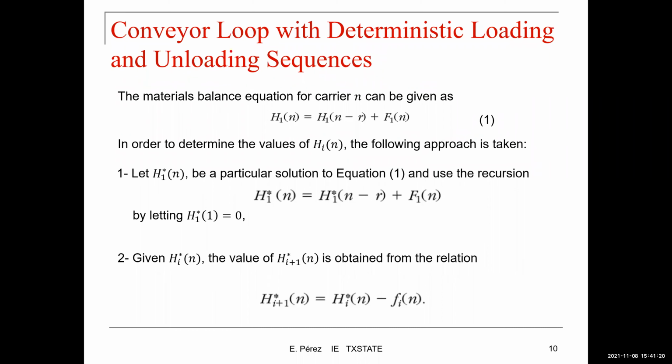And then in order to determine the values of this equation, the following approach is taken. Here's where we go through this iterative process of understanding every time you go through this station, this is the amount that's going to be loaded, unloaded, and this is the resulting value for the flow.